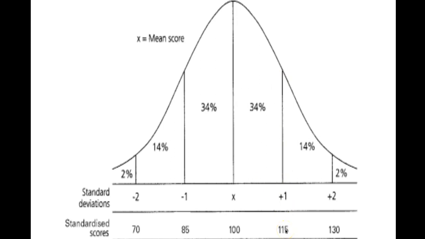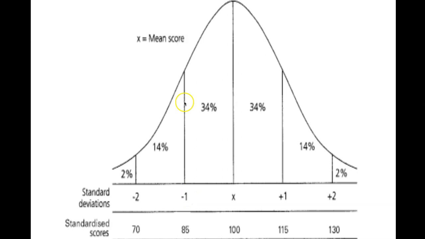And scores on the test are going to go by 15s according to standard deviation. So 1 standard deviation above the mean receives a 115. If you're 2 standard deviations above the mean, you get a 130. If you're 3 standard deviations above the mean, you're going to get a 145, right? Because we're just going by 15s.